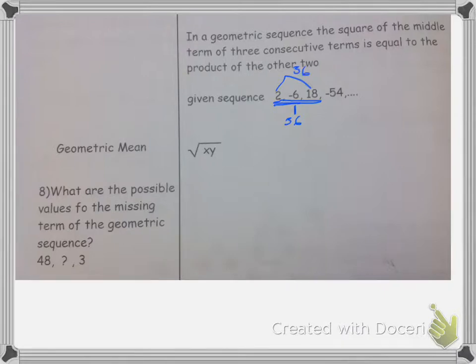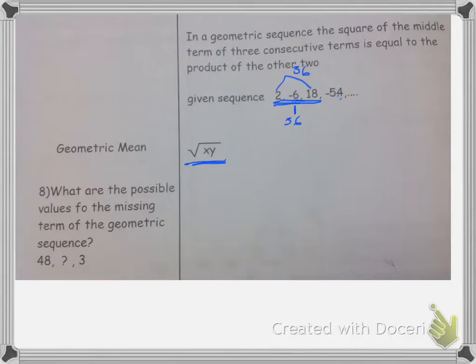Same thing would happen if you do it with the negative 6 times negative 54 would be the same as 18 squared. Because of that, to find the geometric mean, or to find the middle term of three terms in a geometric sequence, you take the square root of x times y, the 2 on the outside.